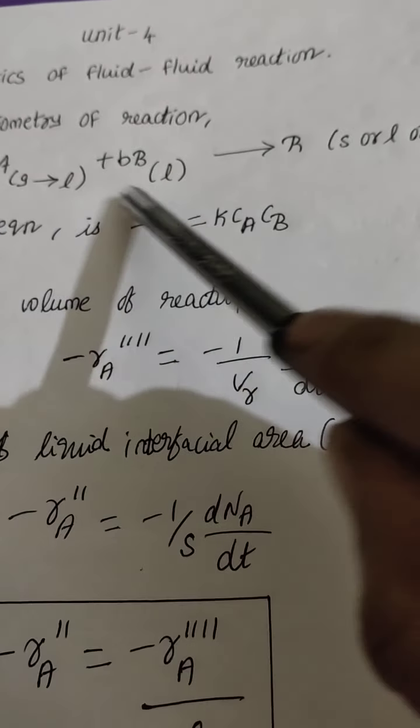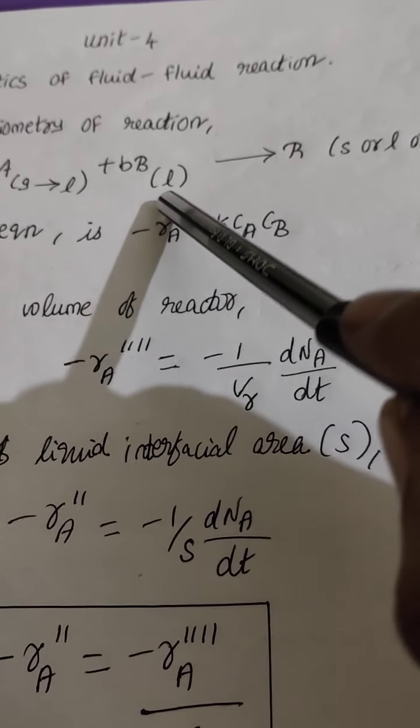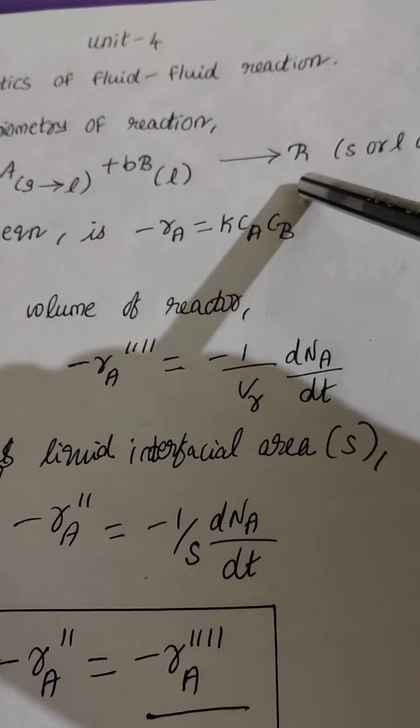This liquid reactant will remain in the liquid film itself, and the reaction will take place when the gaseous reactant comes towards the liquid reactant and the product R will be formed.